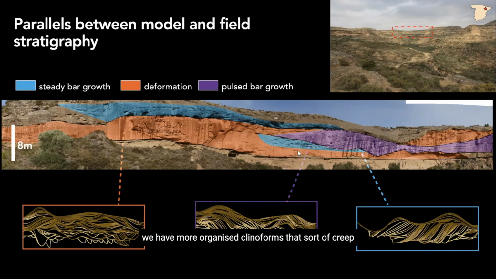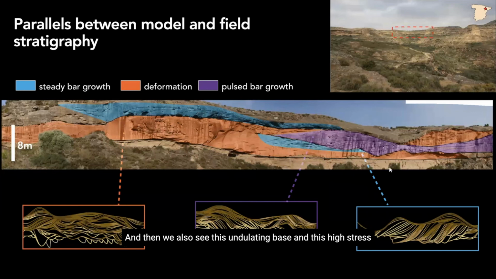We have more organized forms that accrete very nicely onto that orange body, and then also over the top of this section, obliquely off to the left of the plane, and that we would consider our steady bar growth indicators, where there's steady widening and stable channels.